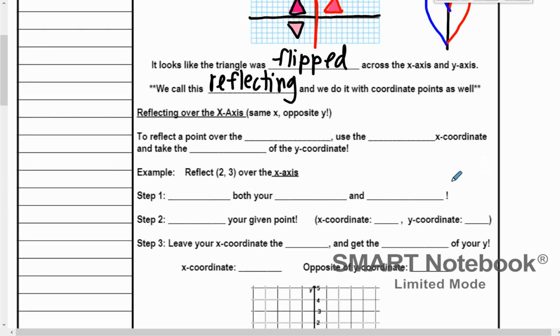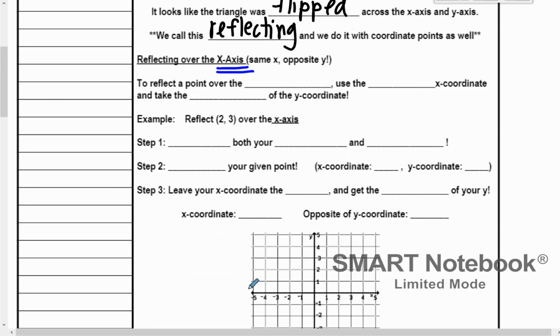All right, let's learn how to reflect a point. We're going to start off with reflecting over our x-axis. Our x-axis is our horizontal axis. The big thing here, and I want you to circle this, is that we keep the same x-coordinate and take the opposite of our y-coordinate.